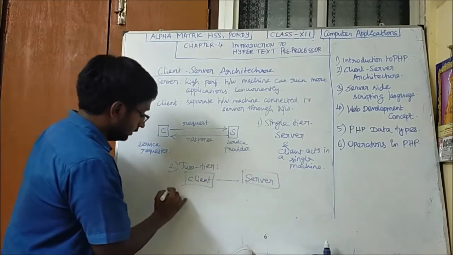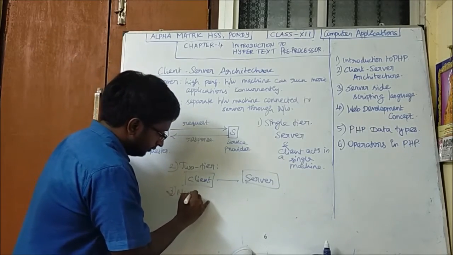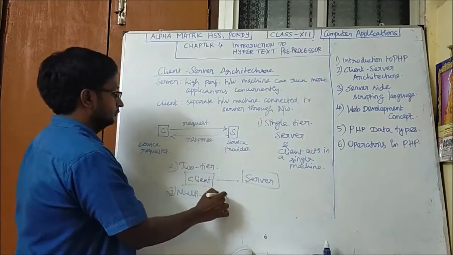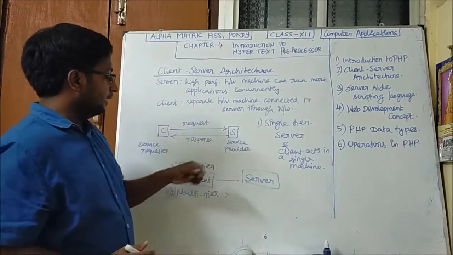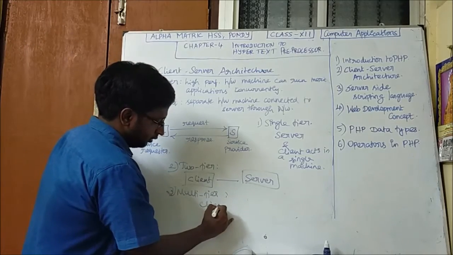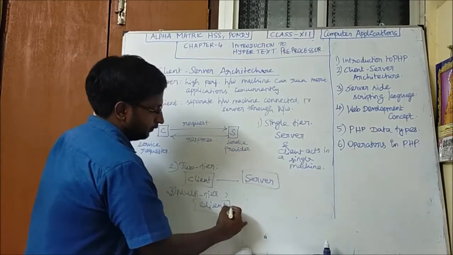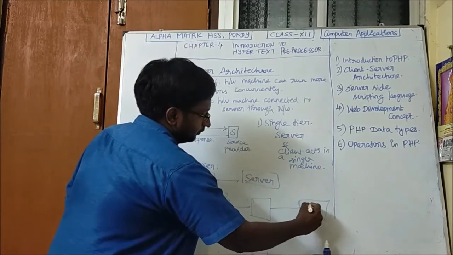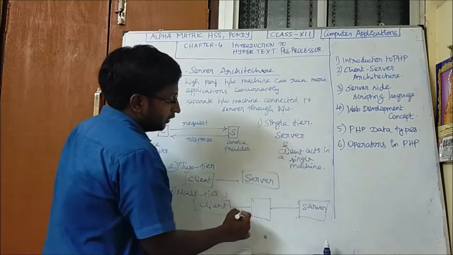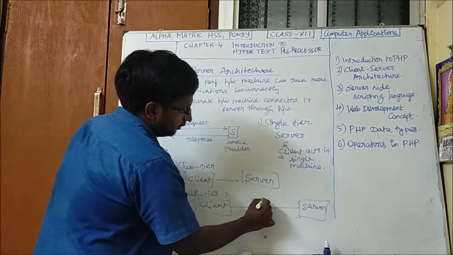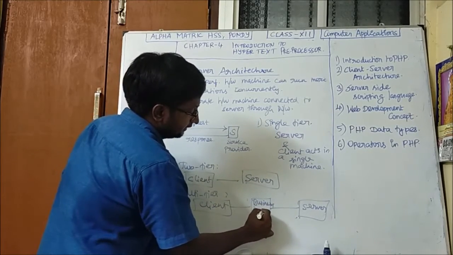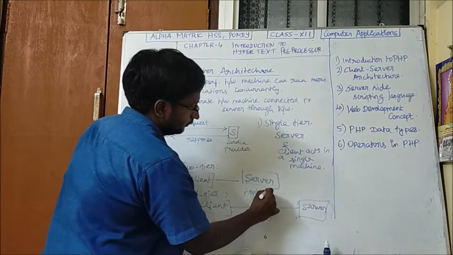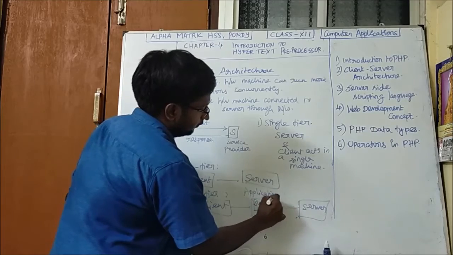And the last one is the multi-tier architecture. Here, multi-tier in the sense you will be having the client, and you will be having the server, and in between, the business logic, that is the application layer, will be there.